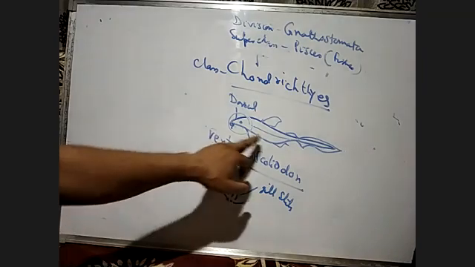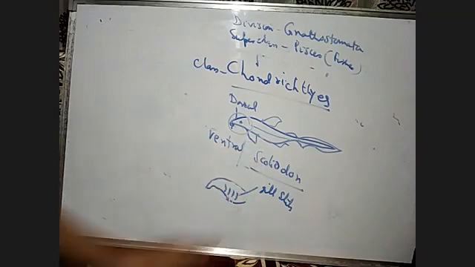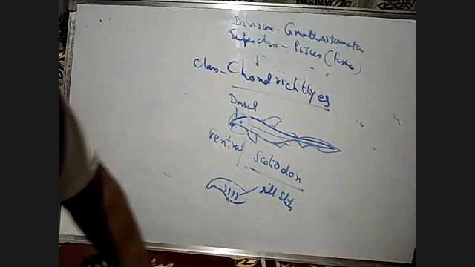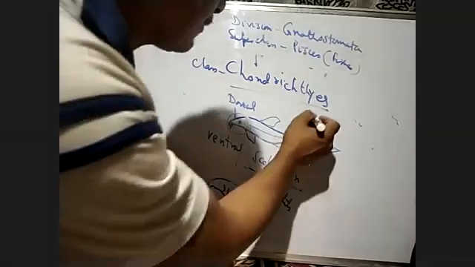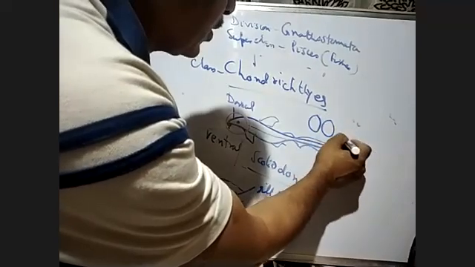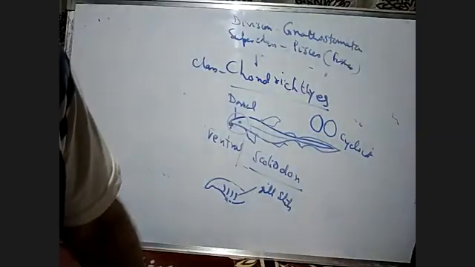The skin is very tough, containing minute placoid scales. Scales are of two types here: cycloid and placoid. Cycloid scales are circular scales, and placoid scales are plate-like scales.